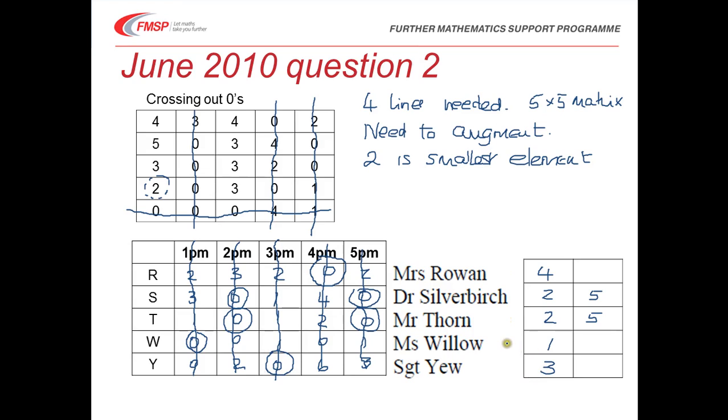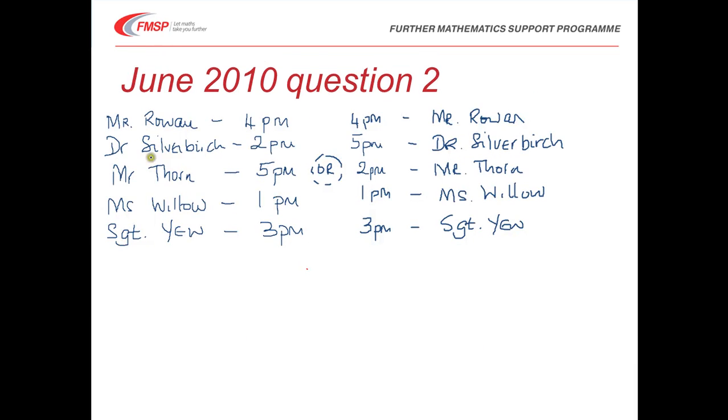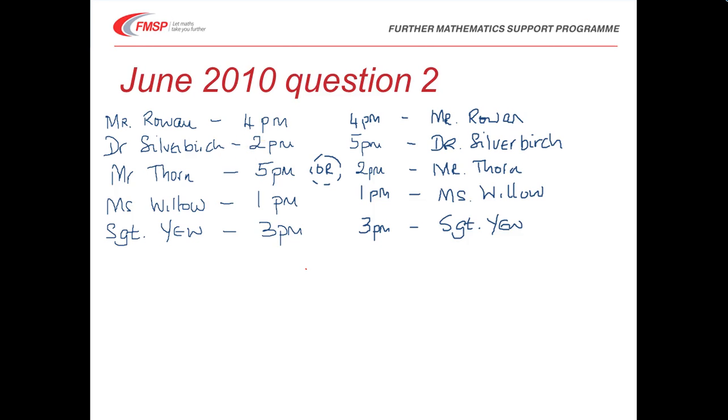So there are, and it is important to see, 2 possible ways in which we could allocate these, match them up. So Mr. Rowan was 4 o'clock only. Miss Willow was 1 o'clock and Sergeant U 3 o'clock, but obviously we could interchange these 2. Now it is important that you actually write down both, because there were marks for each of those.